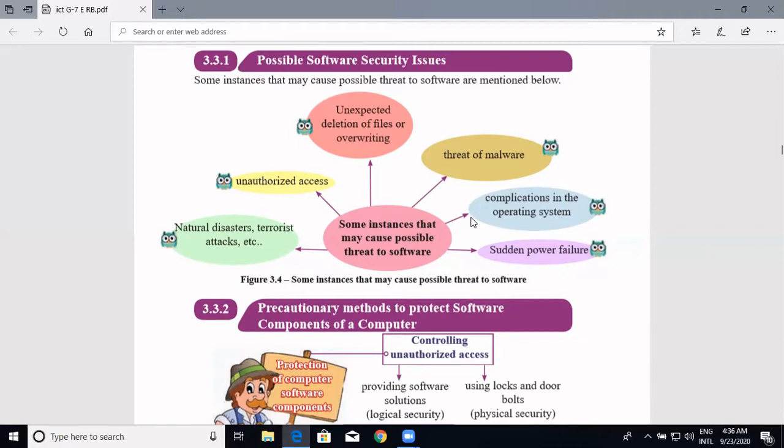That means people who are not authorized will come and try to access your systems, right? And sometimes unexpected deletions or overwriting, and malware. We'll talk about malware, malicious software. And then sometimes complications can be in the operating system. It's not working properly as expected sometimes. And sudden power failures can also cause problems in your software, right?